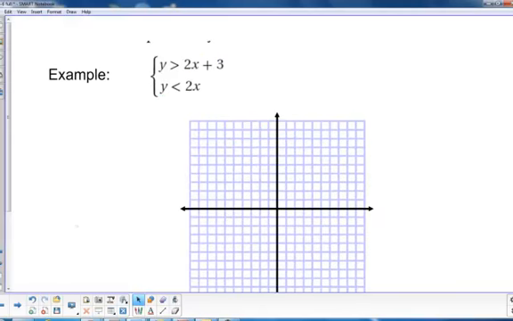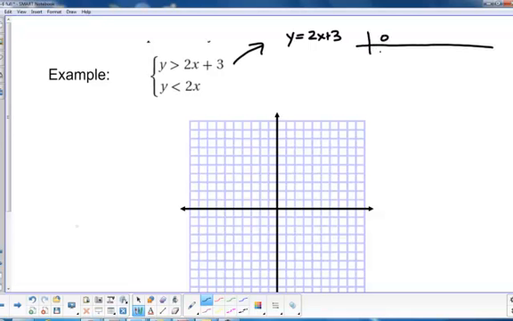Okay, this time we have y is greater than 2x plus 3. So we're going to think about y equals 2x plus 3. We're going to remember to make it a dotted line. So 0 is 3, 1 is 5, 2 is 7, and so on. Now if you look at these two equations, what do we notice about the slope of them?